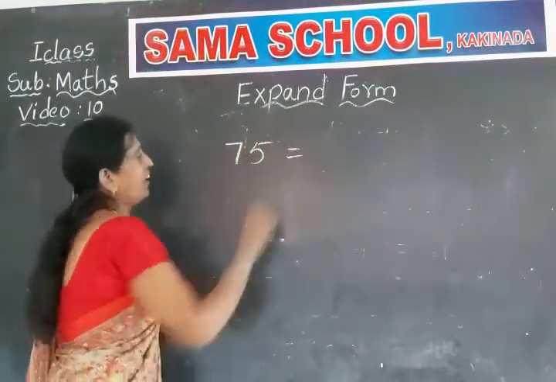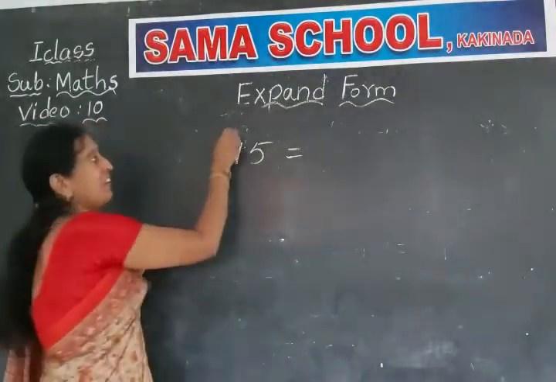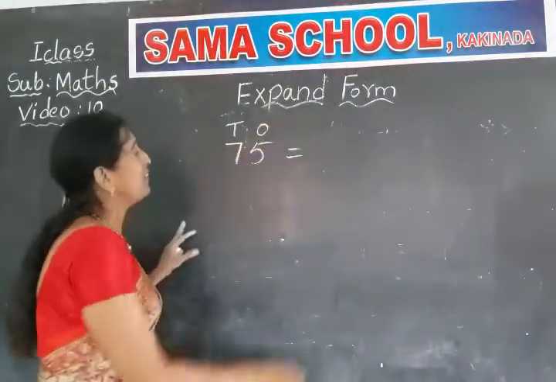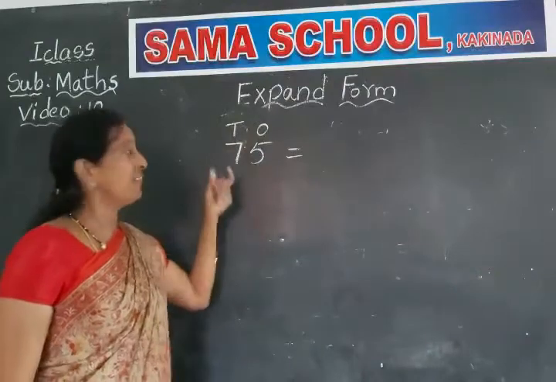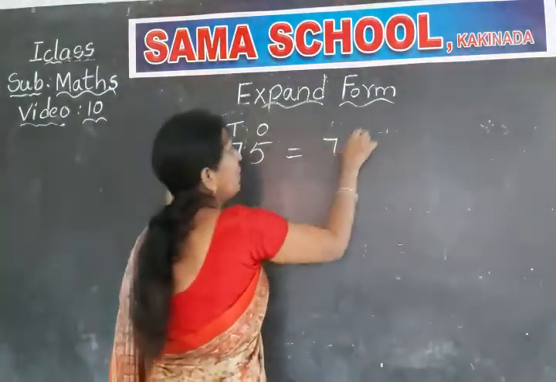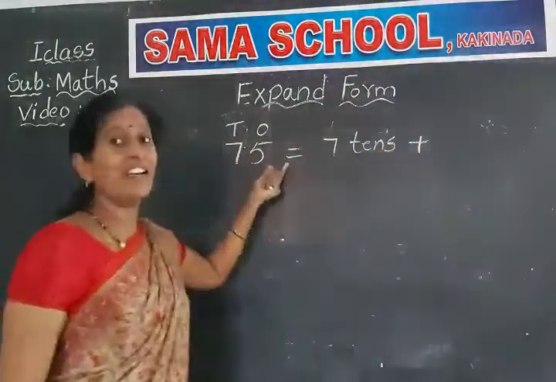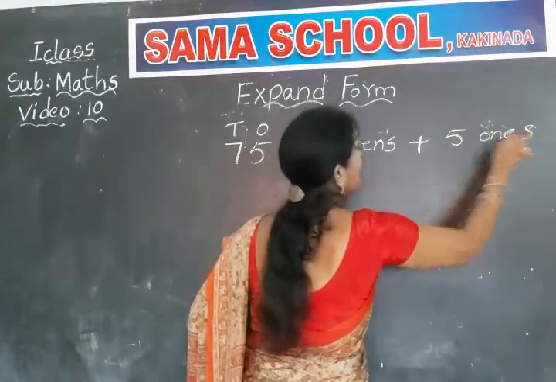I'm giving 75. Which is in the tens place and which is in the ones place, children? 7 in the tens place, 5 in the ones place. In the tens place, how many tens here? 7 tens. So 7 tens plus how many ones here? 5 ones. Only 5 ones.